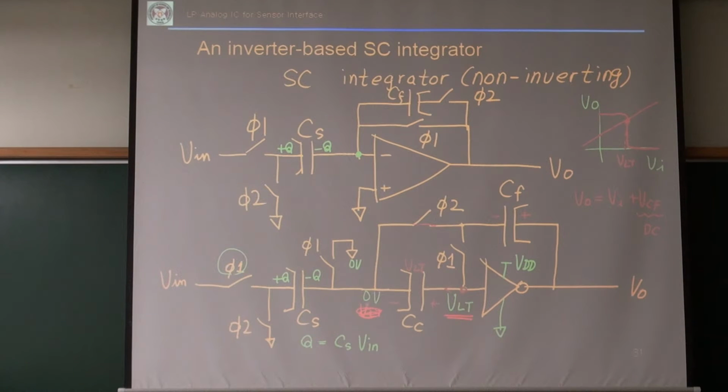Because of VLT, this voltage still remains at 0 during phi 2. Then this is 0, this is 0, so the charge will be 0. This minus Q will move there and be added to CF. So then I have an integration operation here.